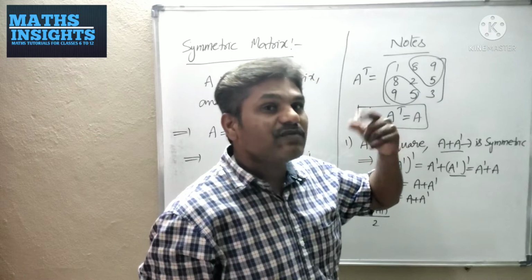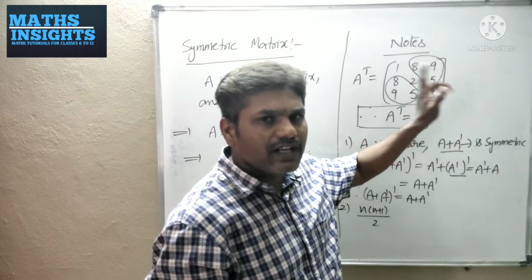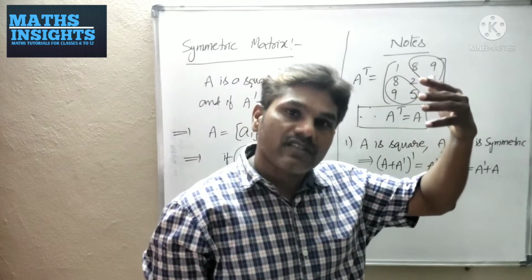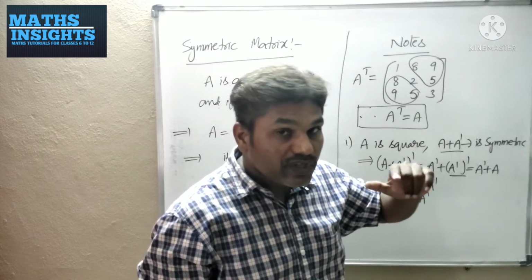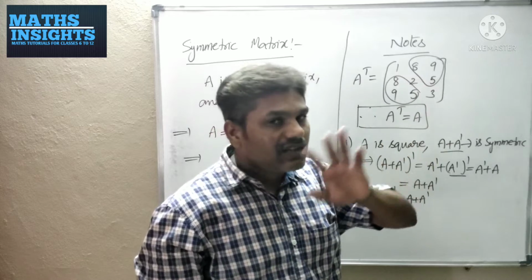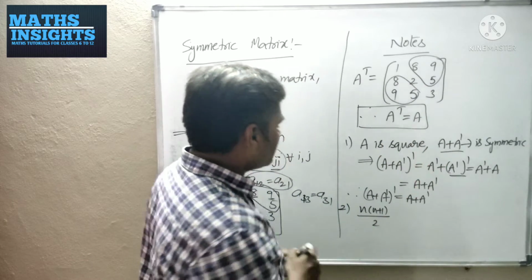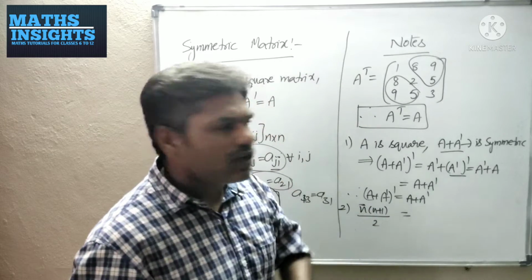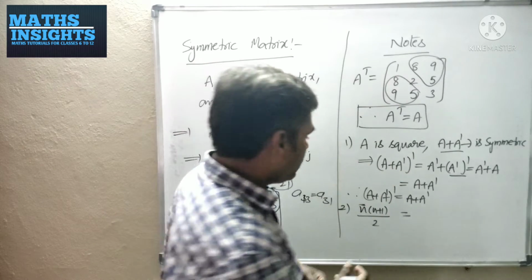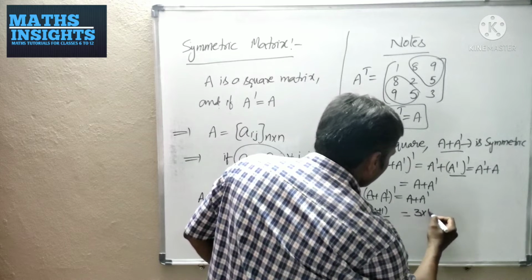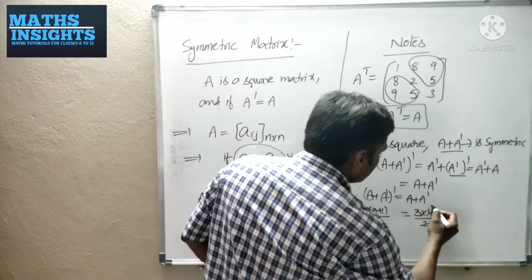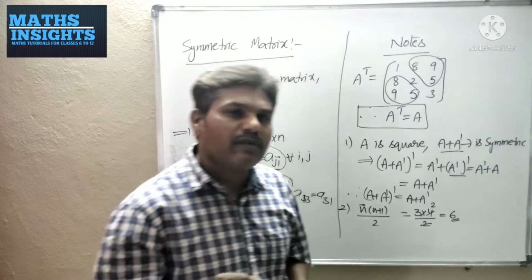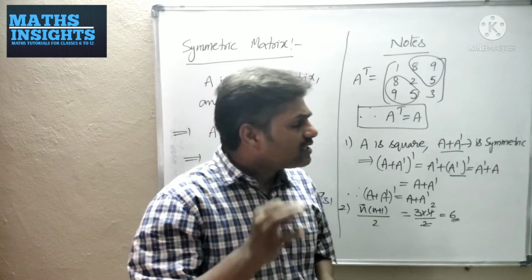You can take a maximum of 6. Here n is the order of the square matrix. In this case, 3 is the order. Therefore, 3 into 4 by 2, that is 6 elements can be taken as distinct elements in any symmetric matrix.